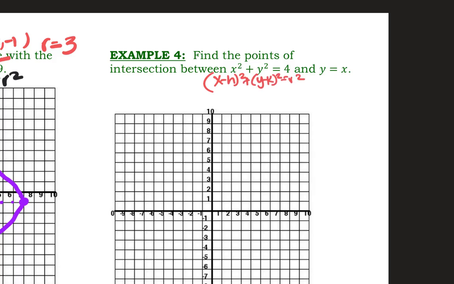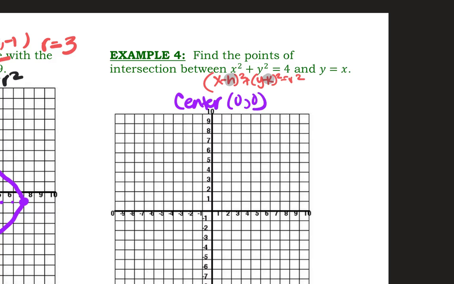What do I have in place of the h and k here? Well, the squared's part of the equation. 0. Your center is going to be 0. There's nothing attached to it, so your center is 0, because if there's a 0, we don't put it. So your center is at 0, 0.